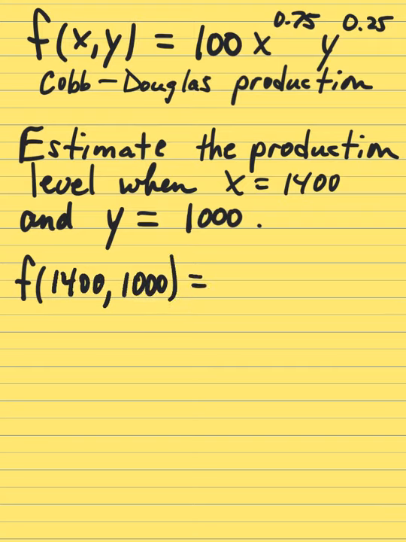Okay, so that's going to give us 100 x, which is 1,400, almost forgot to do the substitution, to the 0.75 times 1,000 to the 0.25.